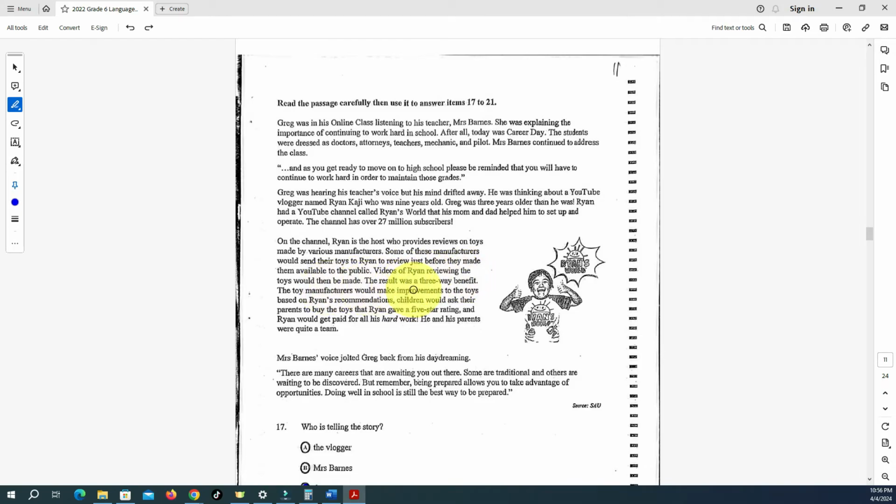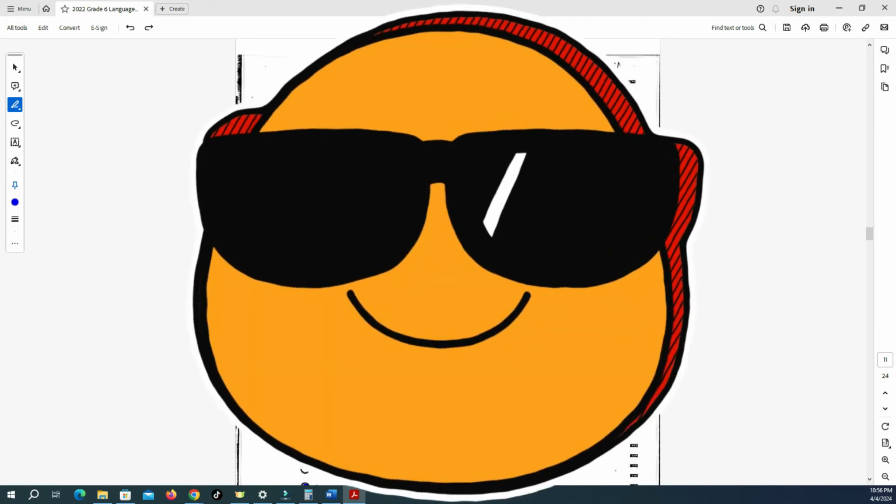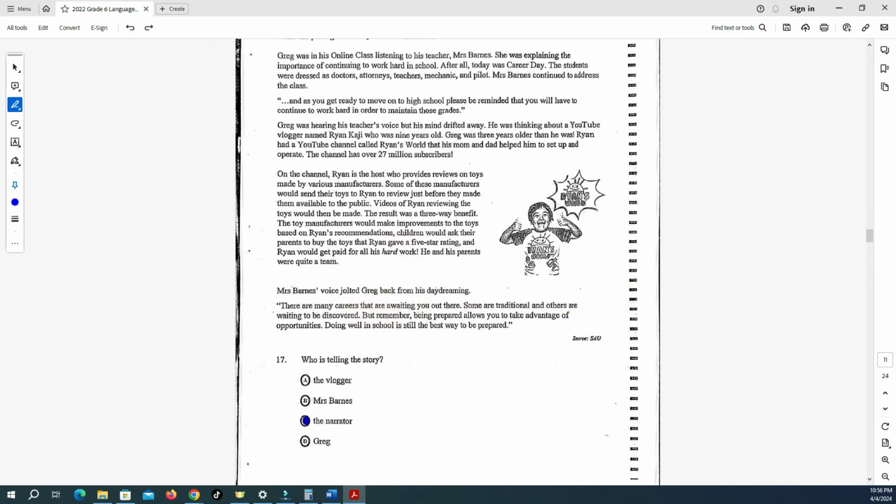The result was a three-way benefit. The toy manufacturers would make improvements to the toys based on Ryan's recommendations. Children would ask their parents to buy the toys that Ryan gave a 5-star rating, and Ryan would get paid for all his hard work. He and his parents were quite a team.